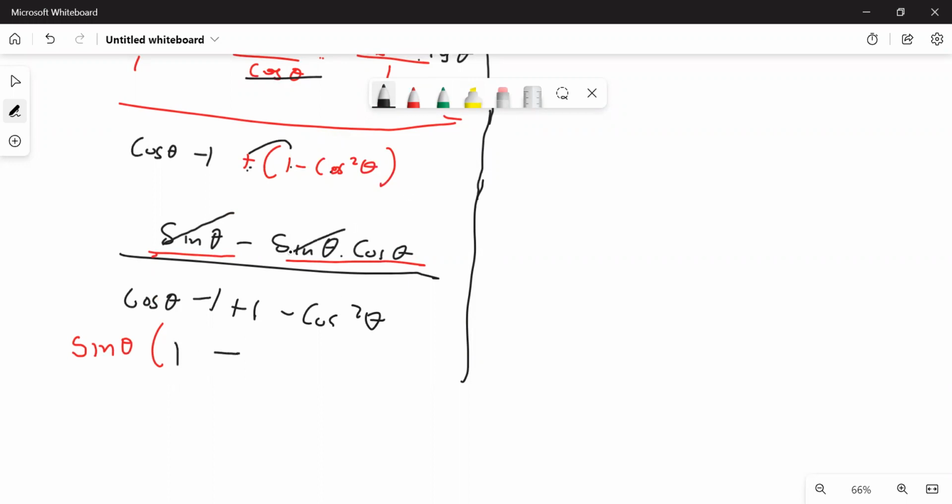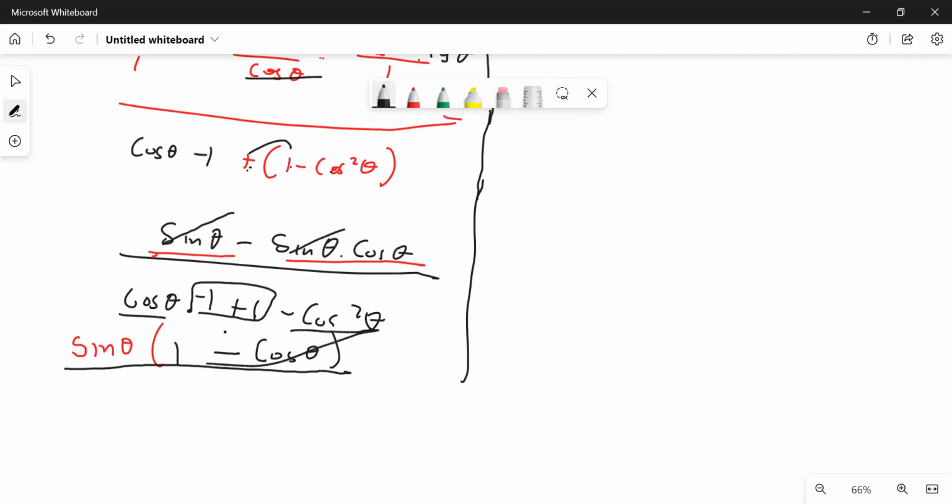If you take out sine theta here, what are you going to remain with? Cos theta. So here you're going to have cos theta all over. Here you have minus and then you have plus. What is going to happen to the minus and the plus? They're going to cancel each other, and you are left with this term and this term here.